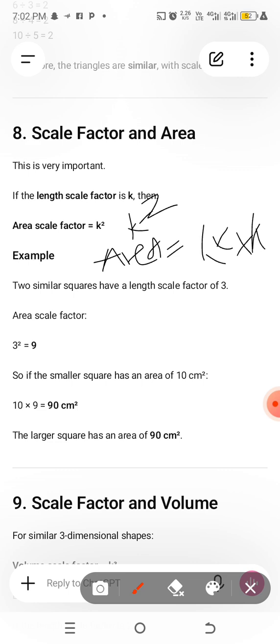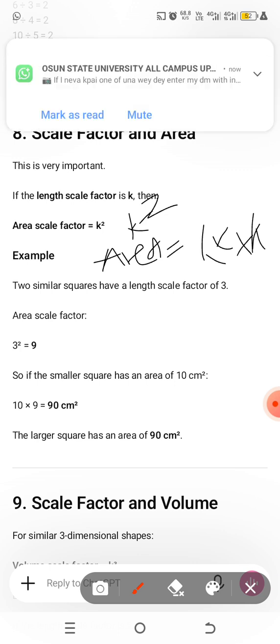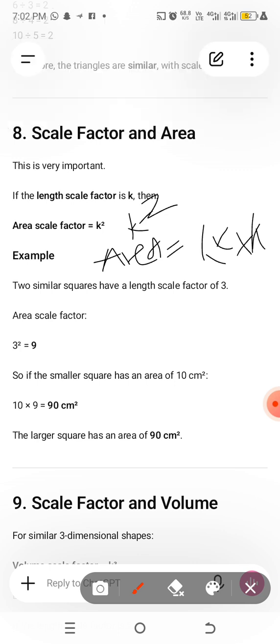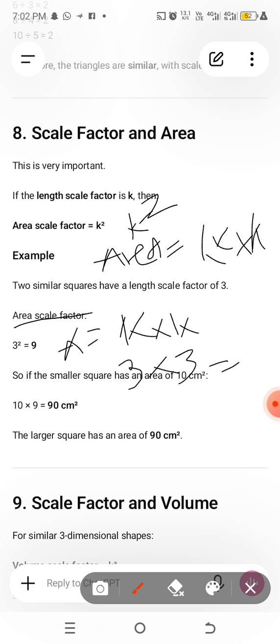So imagine we have two similar squares with a length scale factor of 3. If they ask us to find the area scale factor, that will be k times k. What's our k? The length scale factor, which is 3. That will be 3 times 3, which gives us 9.